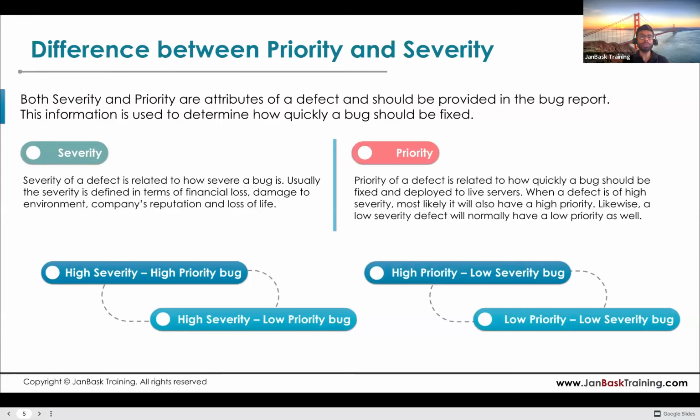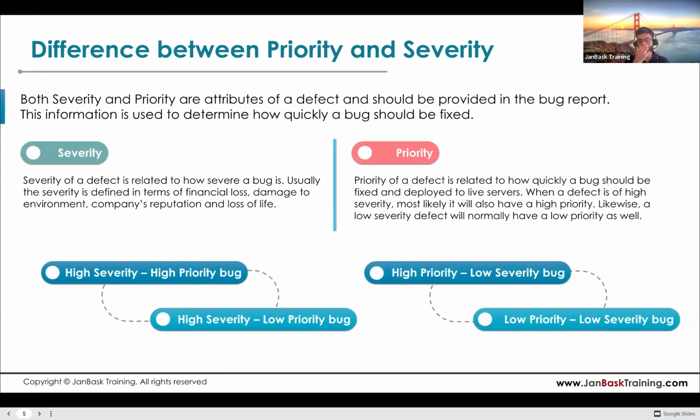In healthcare, if the software has a bug, it could lead to loss of life as well. So whenever you see a bug, you need to decide how that bug is going to affect the software.